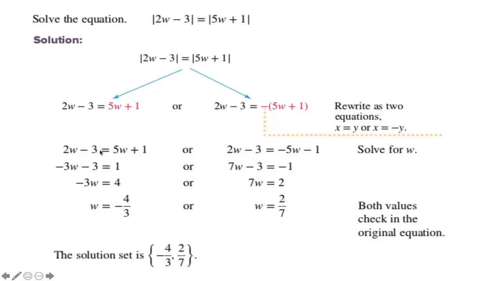Again, I bring all the w on one side, and then bring all the constants on the other side, and then solve for w. Be careful here, this negative applies to the entire parentheses, so it has to be distributed inside. So this is negative 5w minus 1. Again, solving for w gives me 2 over 7.